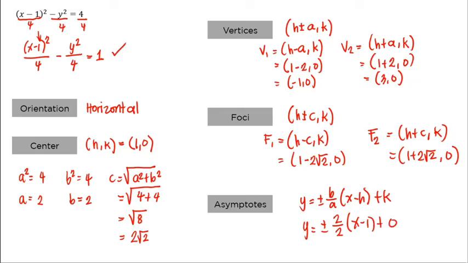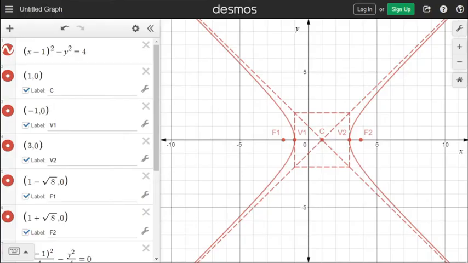So this will become y equals plus minus, 2 over 2 is just 1, so plus minus the quantity x minus 1. So we now have these properties. And from these properties, the graph of the hyperbola will look like this one using Desmos. Okay, so that is now the graph of the second equation.